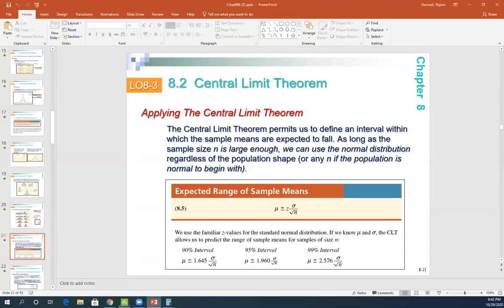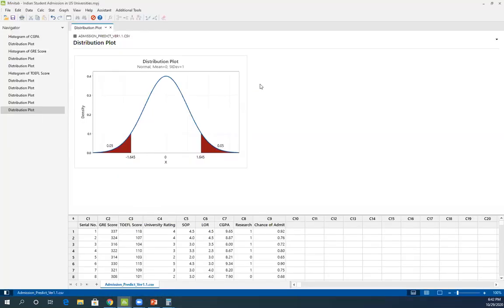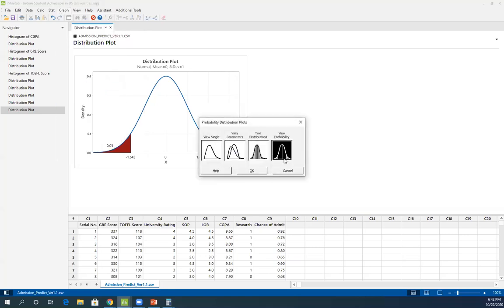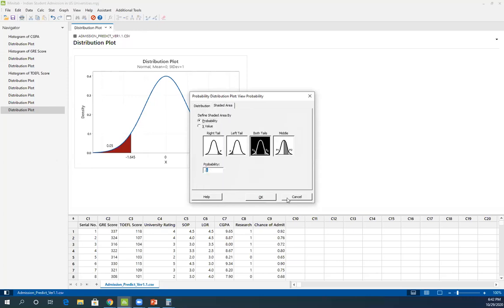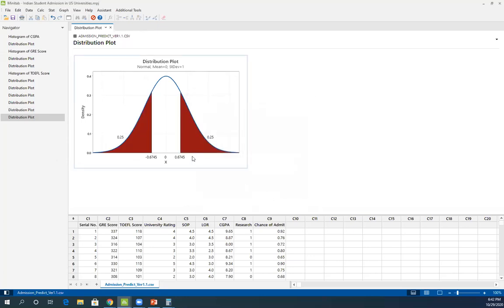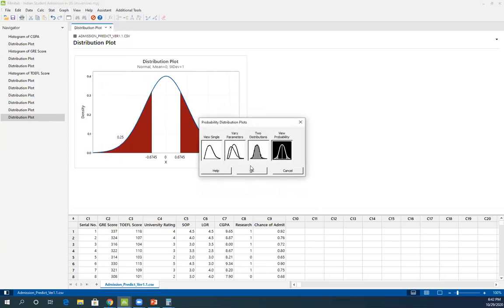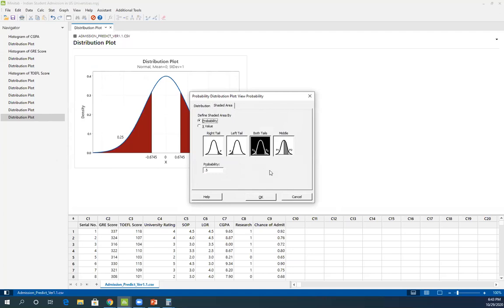So here you can see for 90%, plus or minus 1.64. Similarly, for 95%, I will put 5% only. I think I selected the wrong thing again. Probability distribution, and okay, here we go. Oh, I selected 50%. I have to put 0.5.